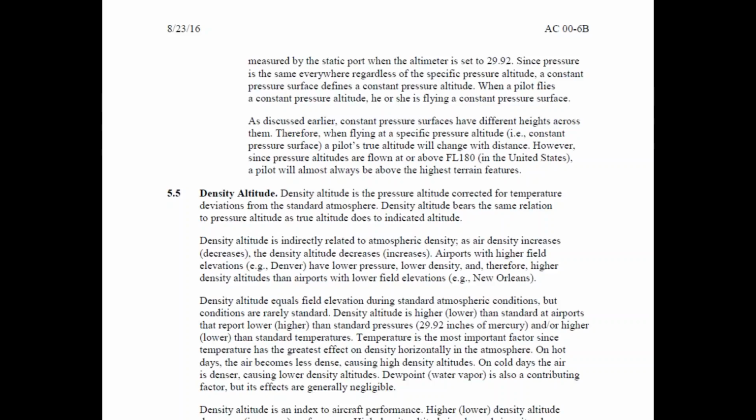So above 18,000, you always fly at a constant pressure altitude, that being 29.92. And that's so that everybody above 18,000 feet is reporting the same altitude regardless of where they're at. And that was the same reason, because they're above the highest terrain features.